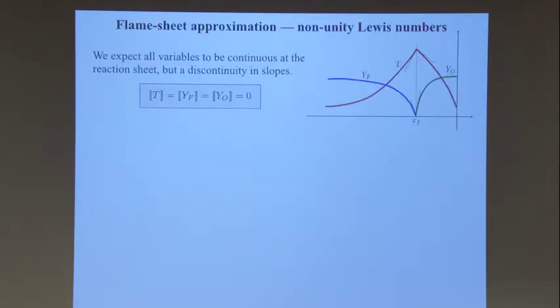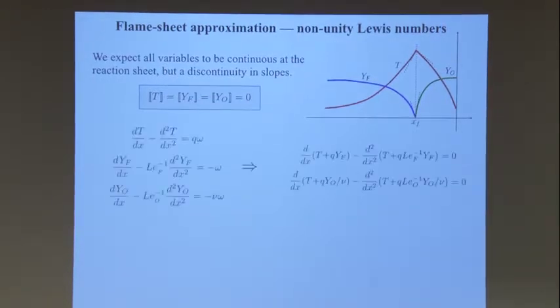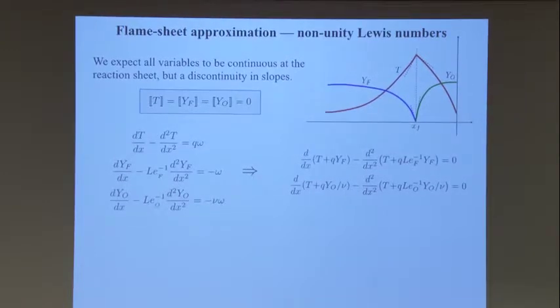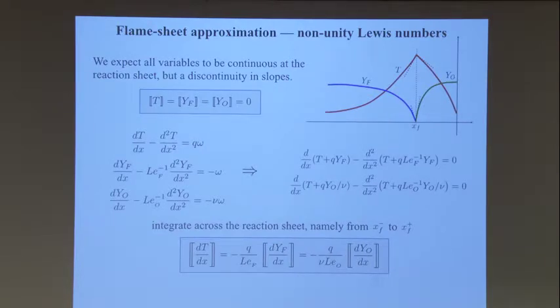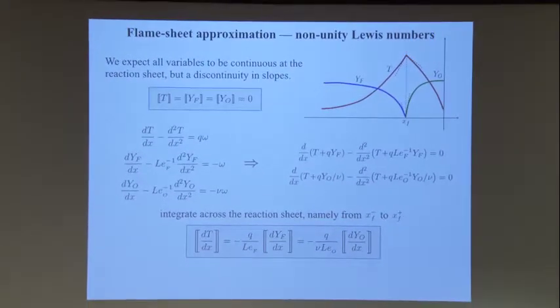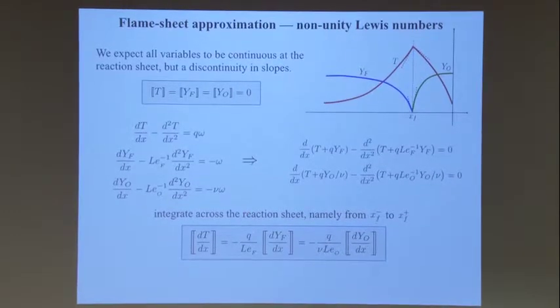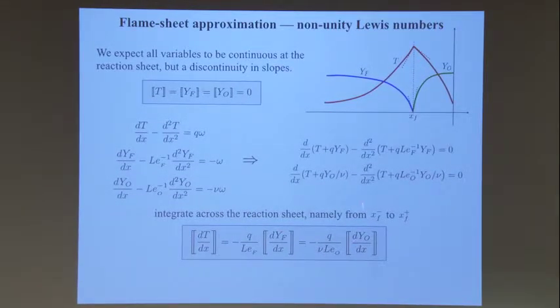Okay, so I now want to discuss the flame sheet approximation, but for non-unity Lewis number. From the previous experience, we see that all three variables are continuous at the reaction sheet. So the jump in T, YF, YO is 0. You see that in the picture. And there is some discontinuity in slope, but we can immediately obtain a relation between the discontinuity in temperature in the fuel and in the oxidizer.